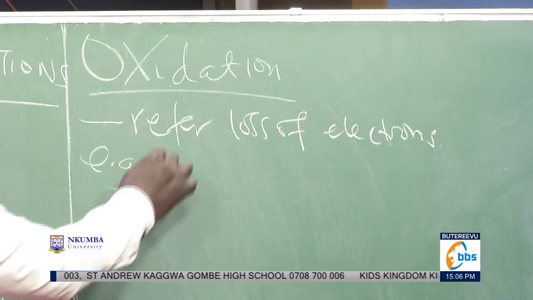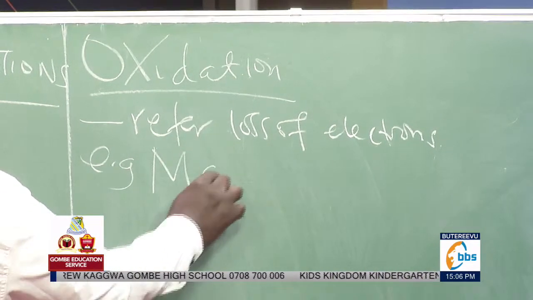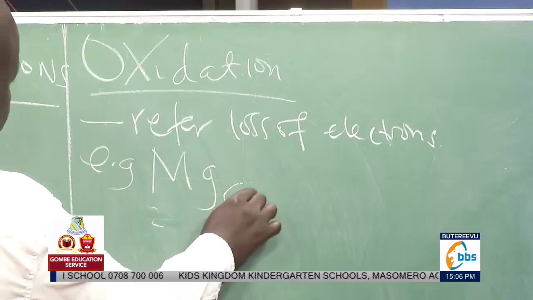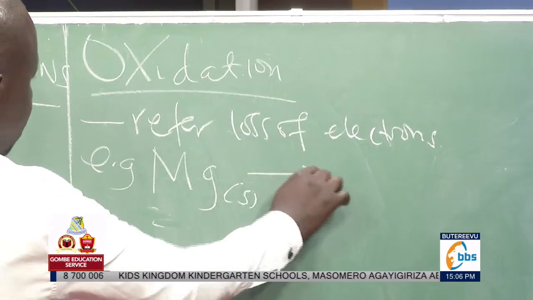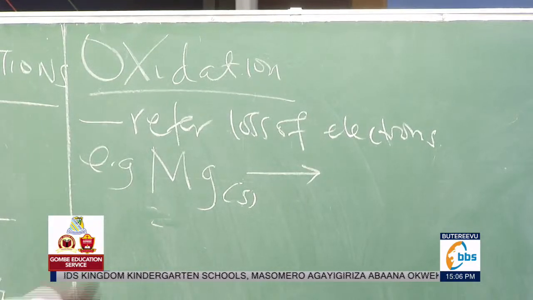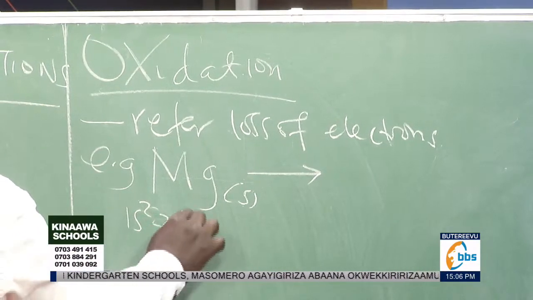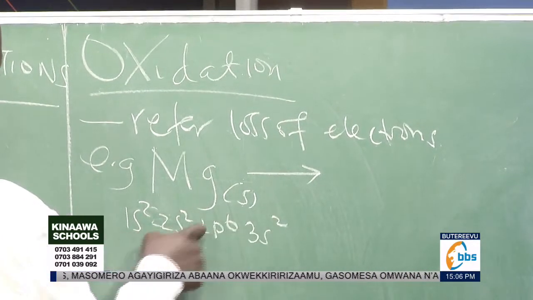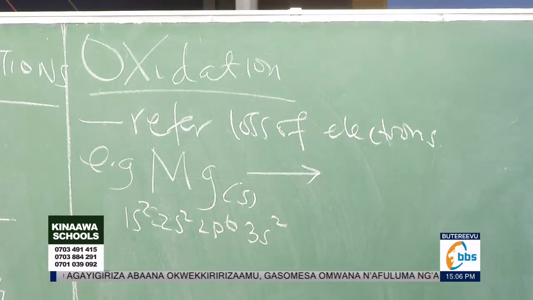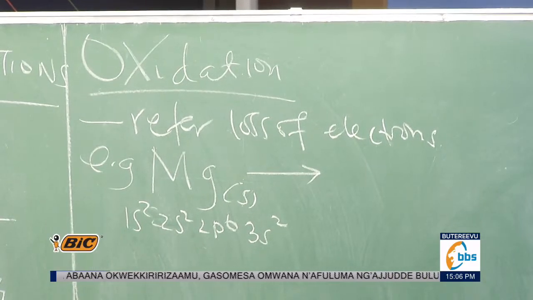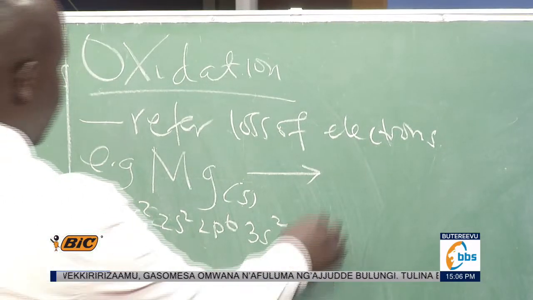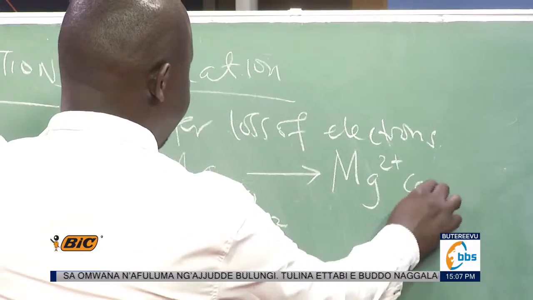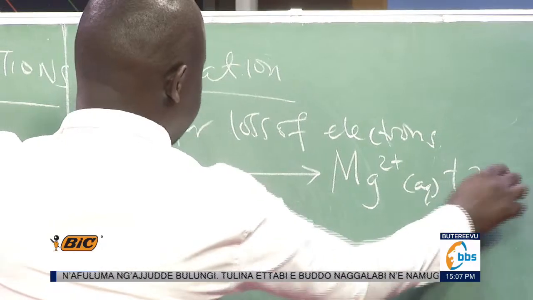For example, we have magnesium. Magnesium is 1s2, 2s2, 2p6, then 3s2. Now they normally lose their outermost electrons and we form Mg2+ plus 2 electrons.